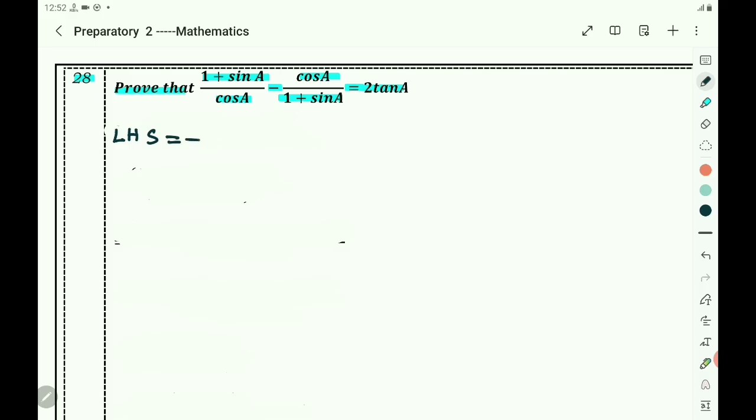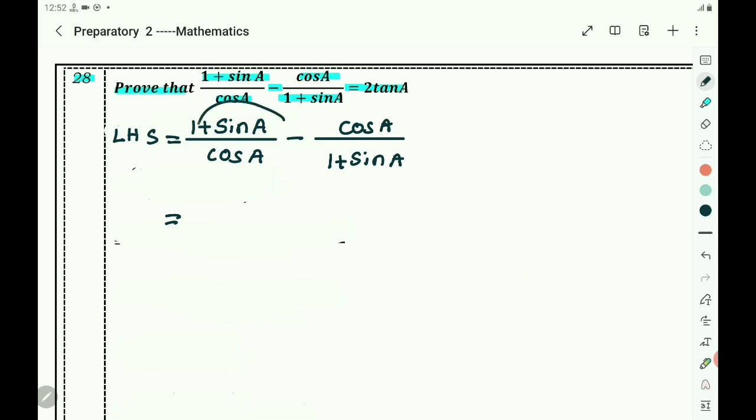LHS equals 1 plus sin A by cos A minus cos A by 1 plus sin A.